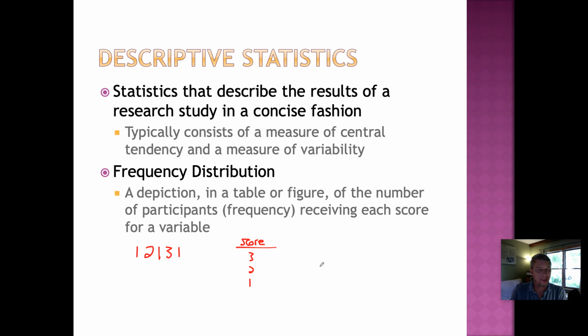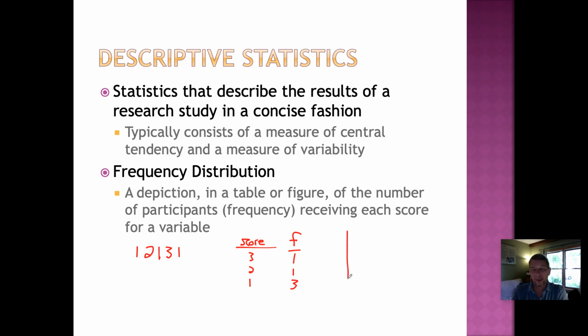And there are only 3 types of scores. There's 5 scores, but there's only 3 types. The frequency is simply the number of times they appear. Well, I have 1 3, I have 1 2, and I have 3 1s. Okay, and so that would be the frequency distribution.